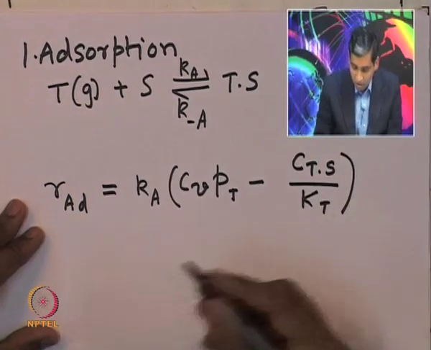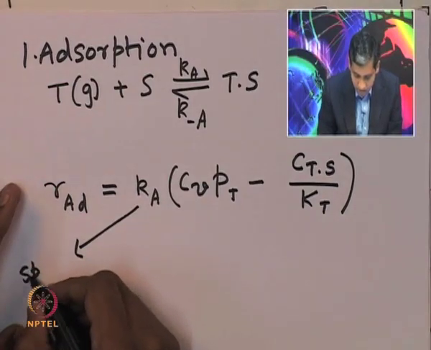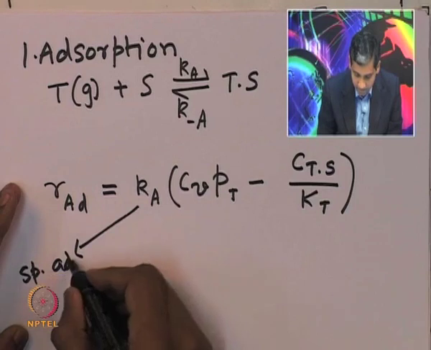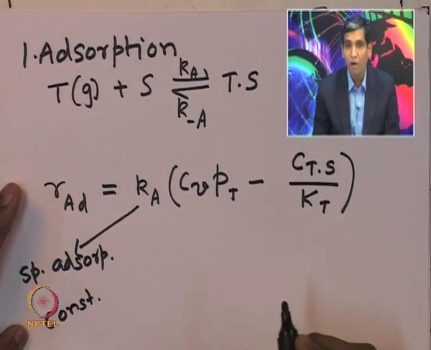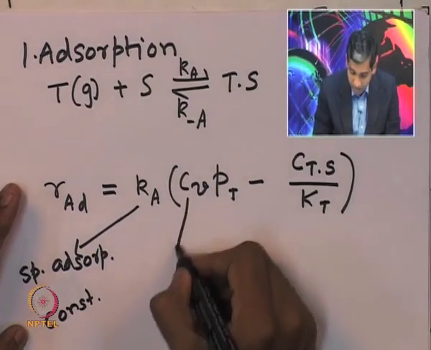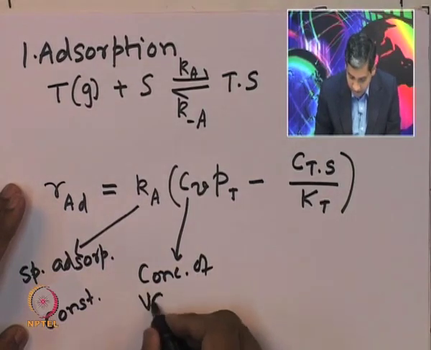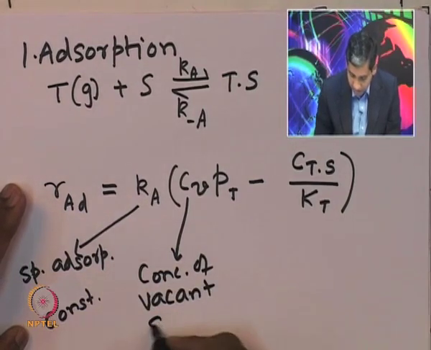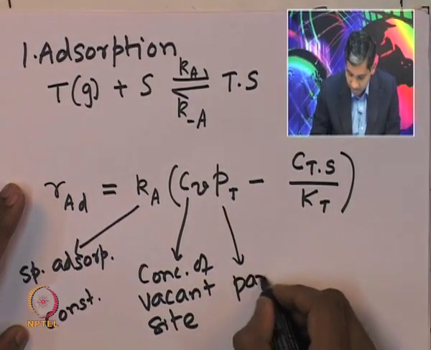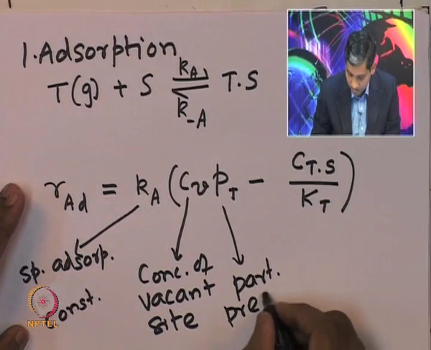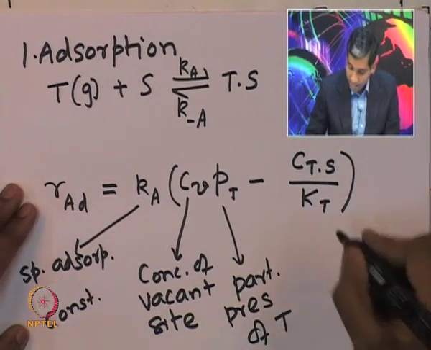Here, Ka is the specific adsorption rate constant, Cv stands for the concentration of the vacant site on the catalyst, and Pt is the partial pressure of toluene.